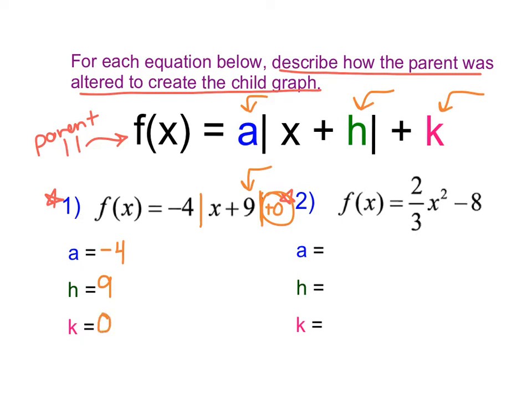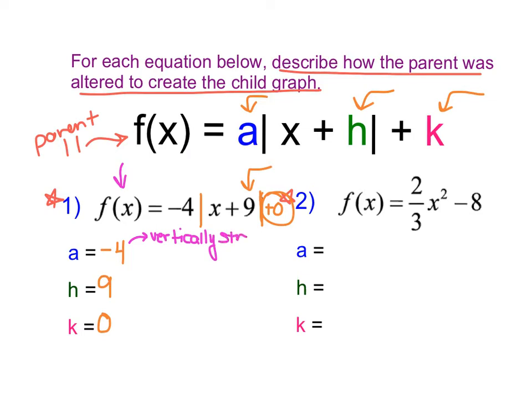So we can use these values of a, h, and k to describe how we're going to alter the parent function in order to create this child function. For this a value of -4, the first thing we do is look at just the number portion. The number portion of 4 is bigger than 1. What this means is it's going to vertically stretch because it's going to multiply every point by 4 and make it 4 times as tall.